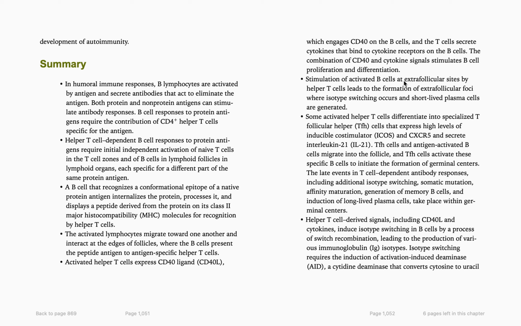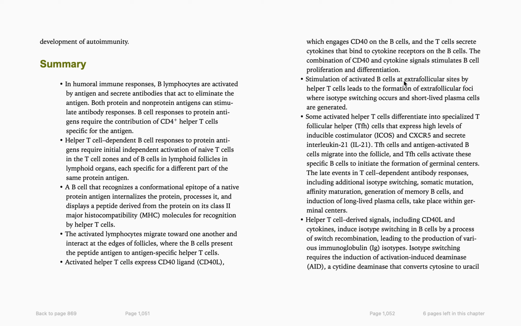Some activated helper T cells differentiate into specialized T follicular cells that express high levels of inducible co-stimulator ICOS and CXCR5 and secrete interleukin 21. The T follicular cells and antigen activated B cells migrate into the follicles, and T follicular cells activate these specific B cells to initiate the formation of germinal centers.